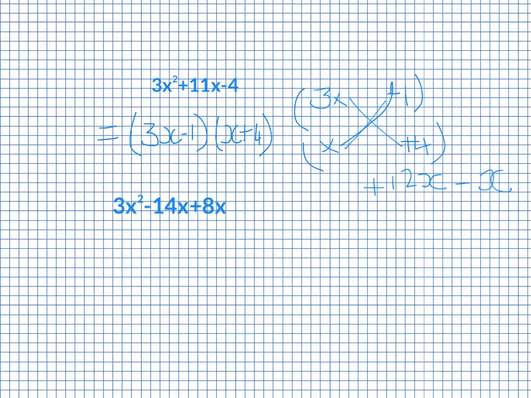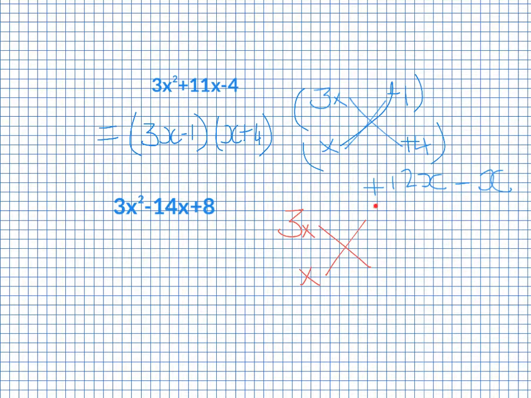Okay, for the next example we have 3x squared minus 14x plus 8. I'm going to do the cross. On the left hand side I'm doing factors of 3x squared. So I'm going to choose 3x times x. And on the right hand side I have got plus 8.